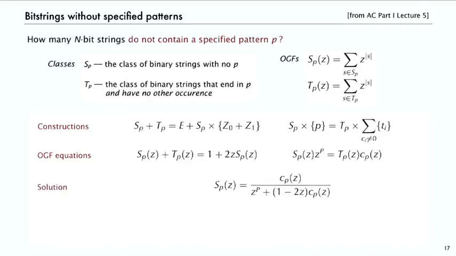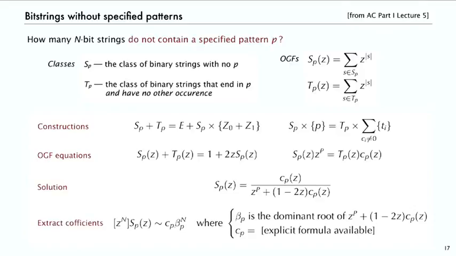Solving those equations, we get an explicit solution for the class of binary strings that do not contain a given pattern, a very simple rational generating function. That's the ratio of two polynomials.